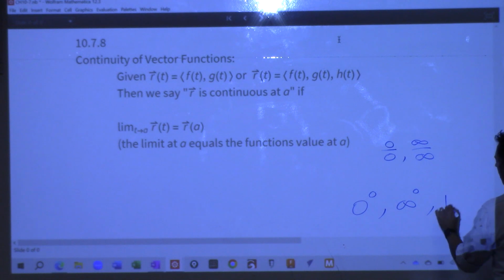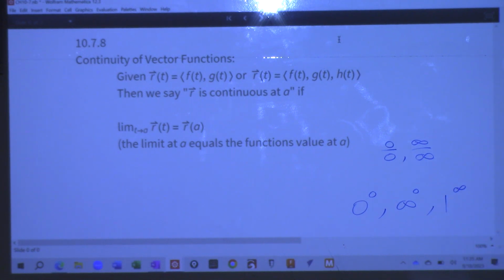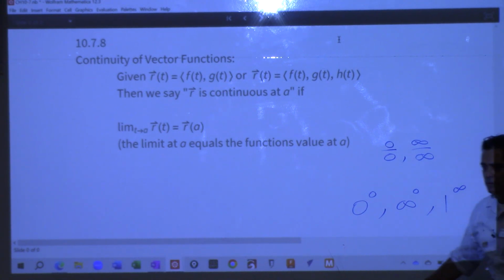If you ever see something like 1 to the infinity, that's an indeterminate form. And these, depending again on your background in Cal 1, to do these, you have to bring in natural logs, things like that. So I'm leaving a lot out here that is on your mini exam too. So if you're looking at it and you can't figure out what this limit is, that's when you need to reach out, get with me. I'll point you to some L'Hopital's rule videos that you can look at. Okay, it's been a while.